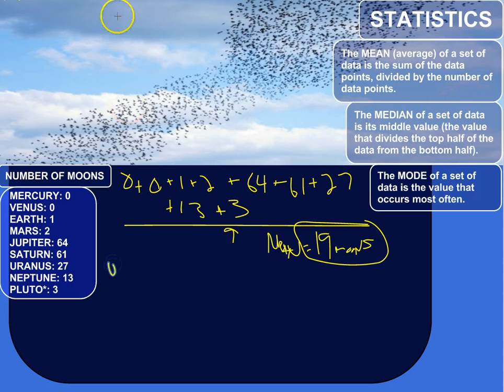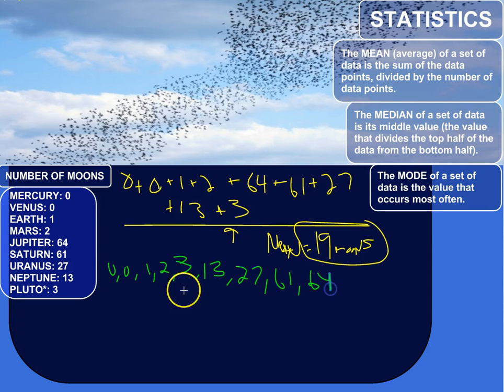So we've got 0, 0, 0, 1, 2, and then Pluto's moons are next. It's 3, 13, 27, 61 and 64.